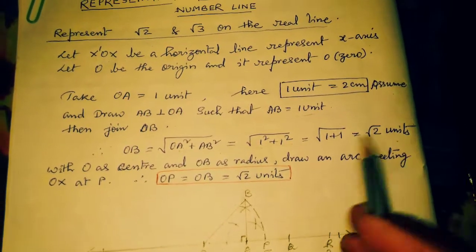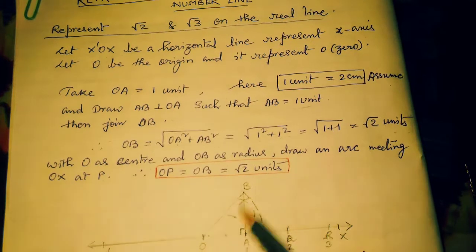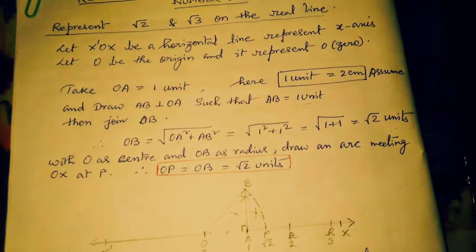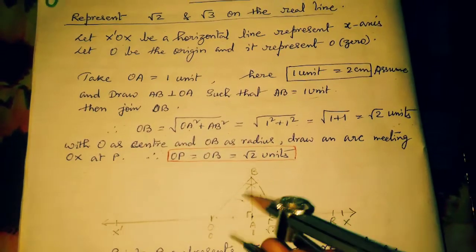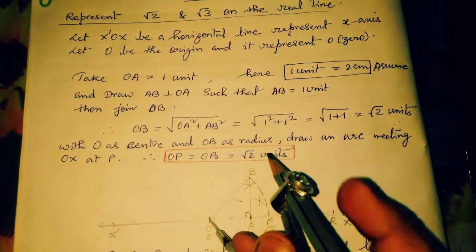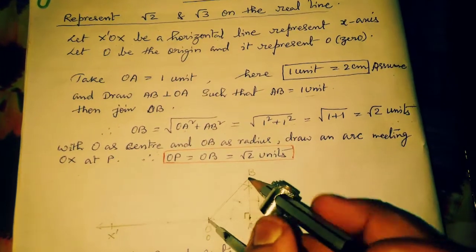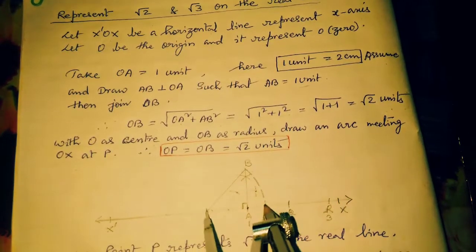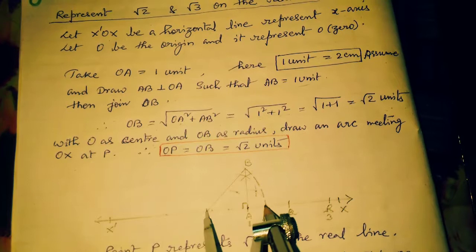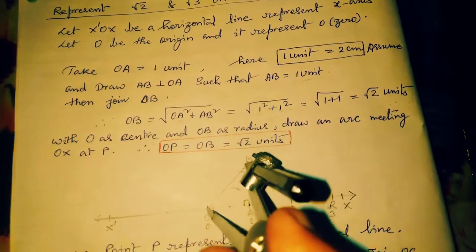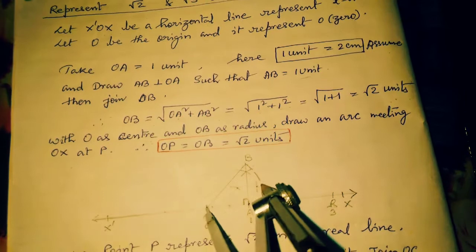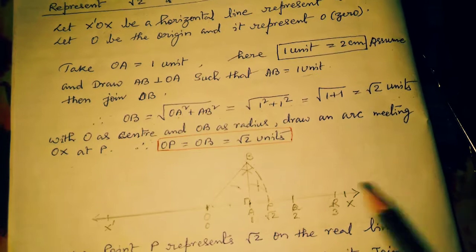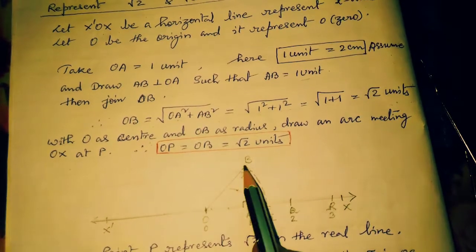Clear, students? So with O as the center and OB as the radius, draw an arc meeting OX at P. With the help of a compass, we take OB as the radius and draw an arc, and join it with dotted lines; it meets the x-axis at the point P. So OP and OB are equal.